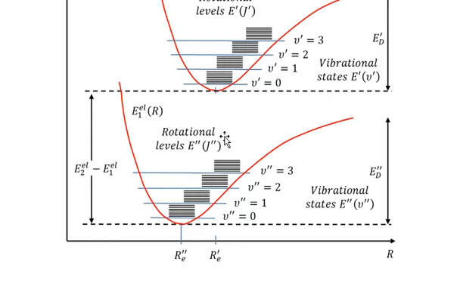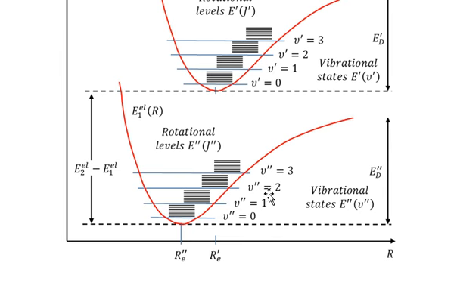I have also written the rotational levels as E double prime as a function of J double prime. So these small blocks containing black lines are the rotational levels, which can be represented by E double prime as a function of J double prime. And the vibrational levels will be specified with V double prime.